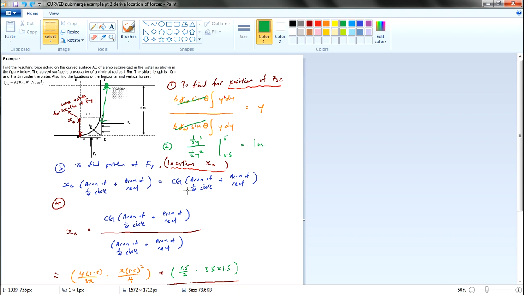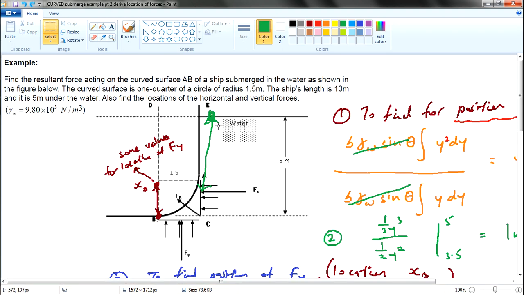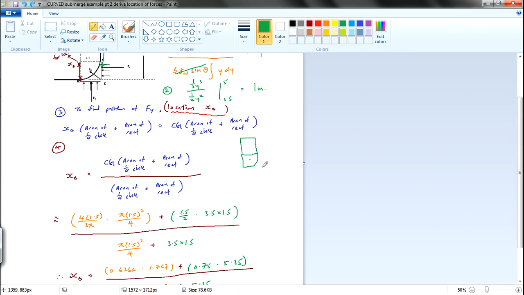But this is the location of Fx, the location of the force in the x direction from the water surface. Similarly, this is the force, this is the perpendicular distance, and this whole ship will actually move. So the position you have to make known.